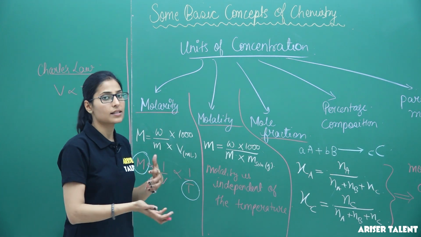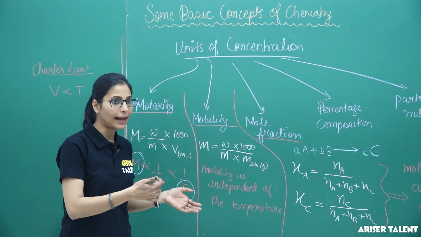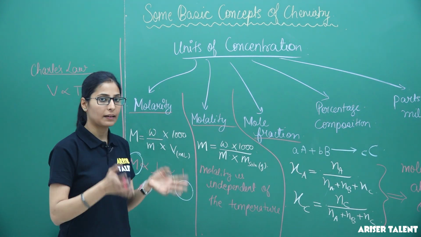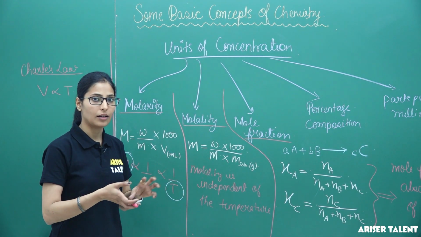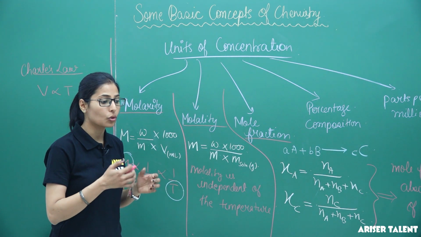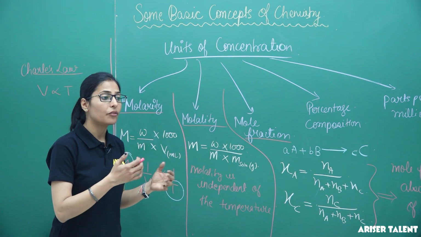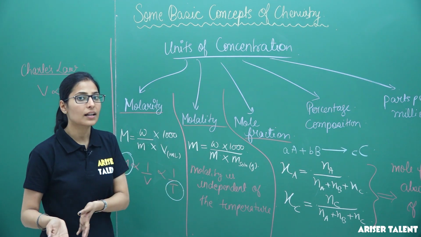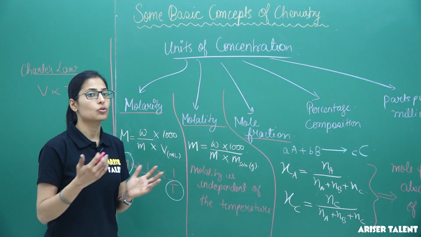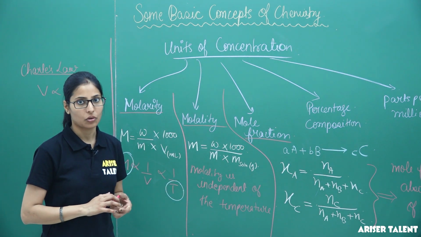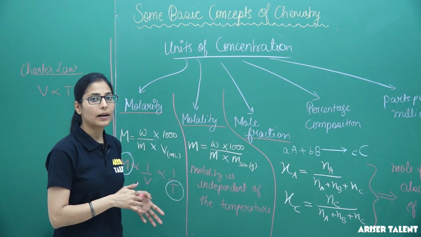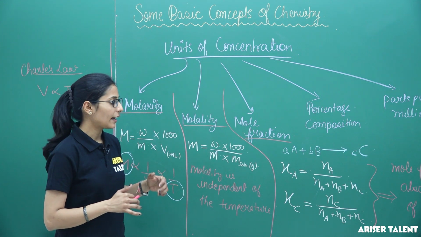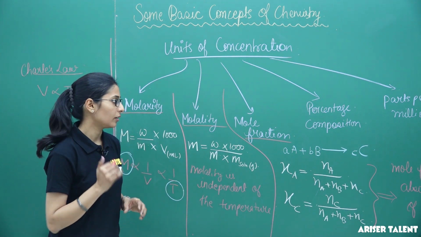You might be asked such questions in indirect form, and you will have to be very conscious that if temperature is given, you should understand in which case temperature is going to affect the concentration and in which case it is not. So, I think this is quite clear. This was the part we have already studied, and I have just revised these 3 things.